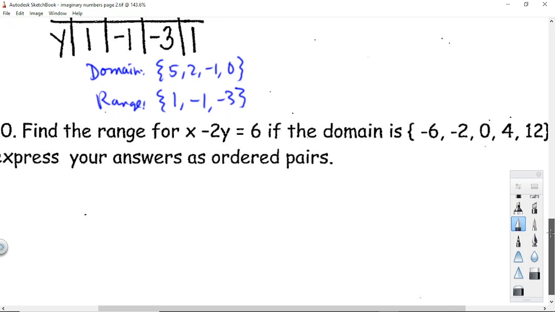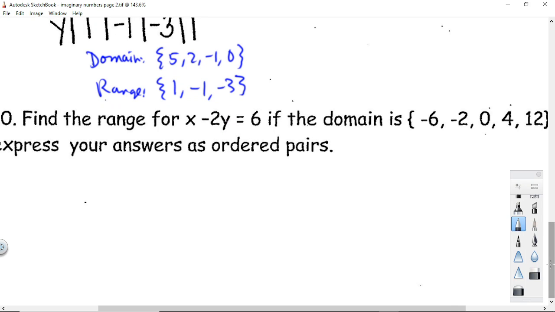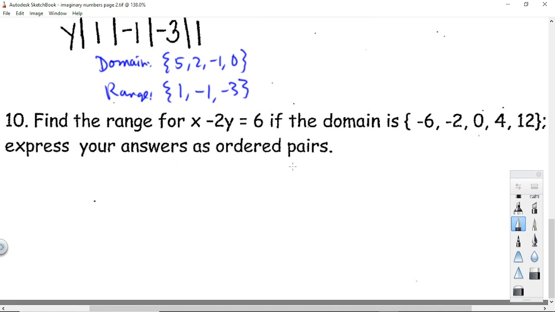So now we have another one. It says find the range for x equals -2, y equals 6 if the domain is. So this one is another one of those with the implicit function.